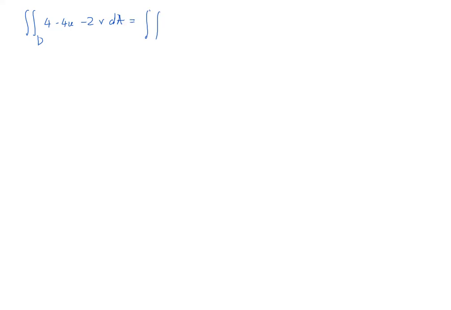How does this work? So we have the integral from 0 to 1 minus U dV, 0 to 1 du, and we have 4 minus 4U minus 2V. Let's take the antiderivative of the quantity with respect to V, so that will give us 4V minus 4UV minus V squared.